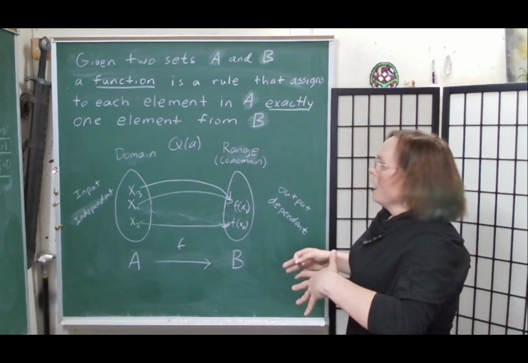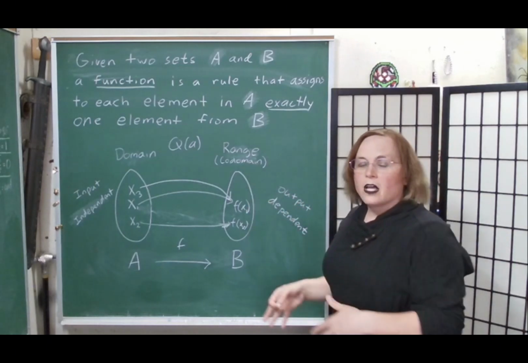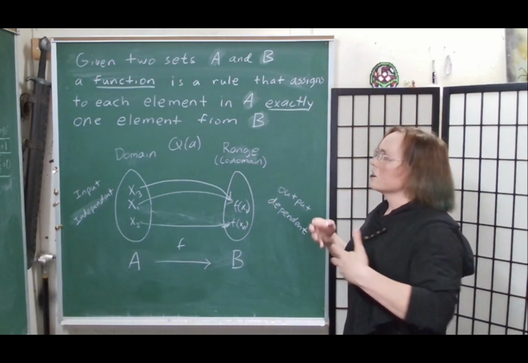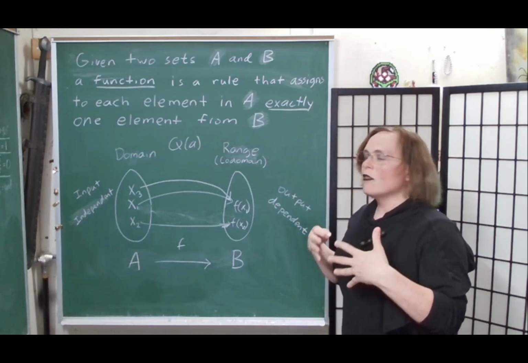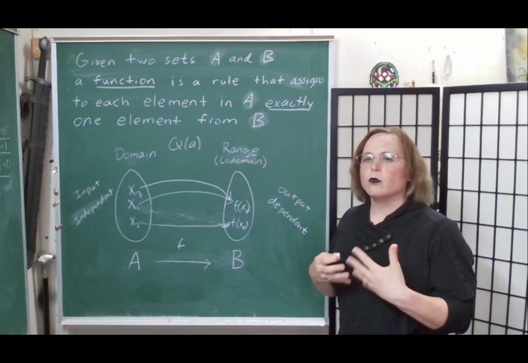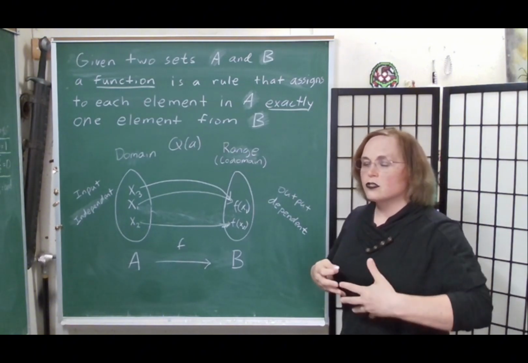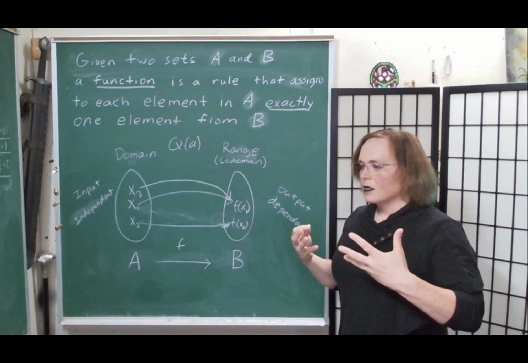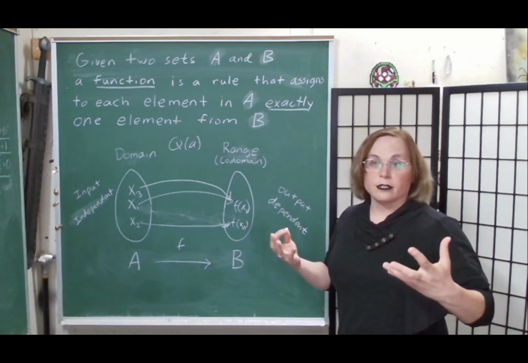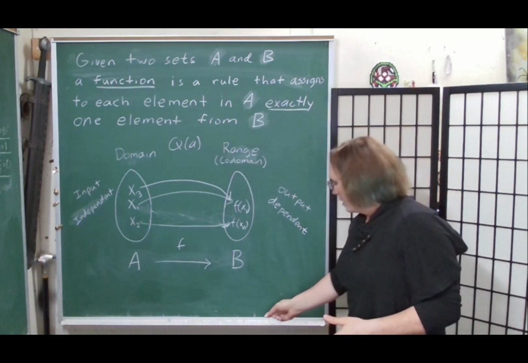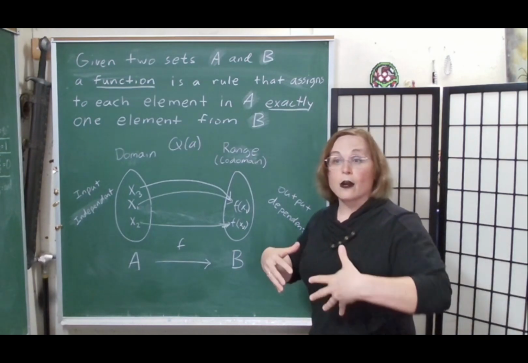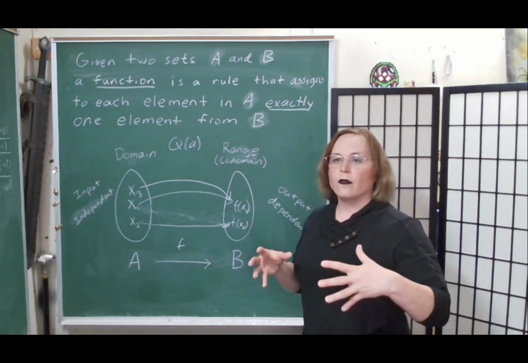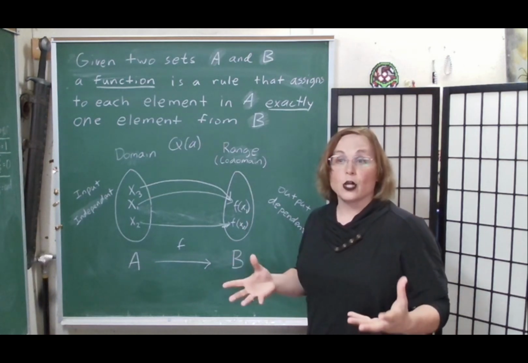Now, if it helps you to think about this, another way that this is often thought about when we think about functions is the way the word function gets used when we talk about machines, or think about like in the kitchen. Think about appliances. When we say that things work, we say they are functioning. So the easy example is, think about a toaster.